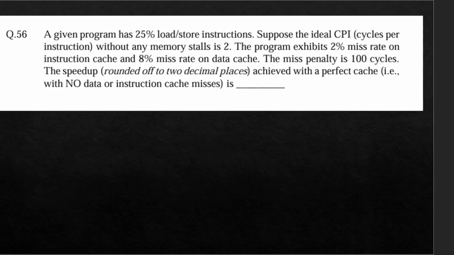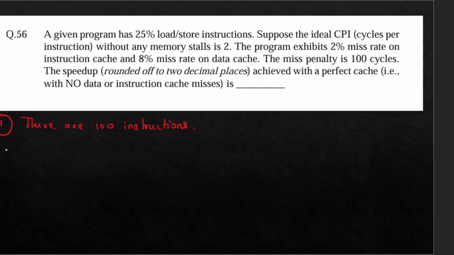So first we have to understand this. Let's assume that there are 100 instructions. We will solve this step by step. So we have 100 fetches for 100 instructions, and these will come from the instruction cache.